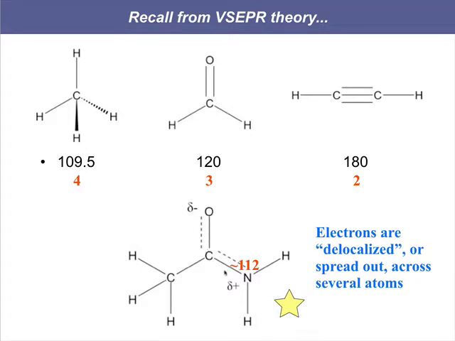We've also got partial charges. Rather than having a full charge on nitrogen or 0 charge on nitrogen, we've got a partial positive. And instead of having a full charge on oxygen or 0 charge on oxygen, we've got a partial negative. Now, again, it's not half of a charge because there was not equal contribution between the two.